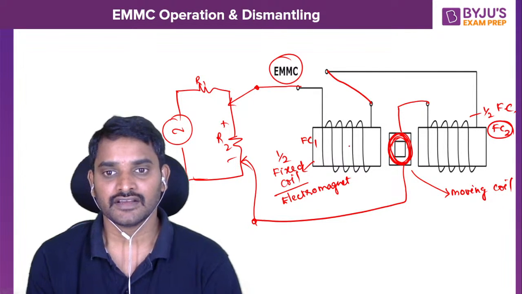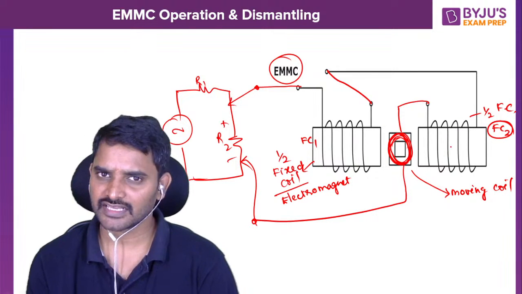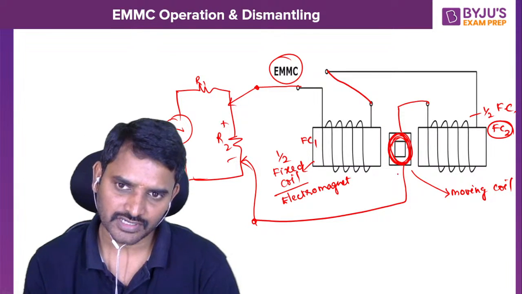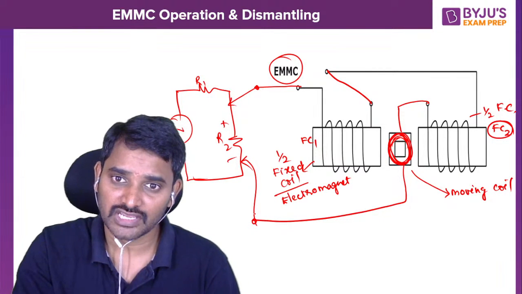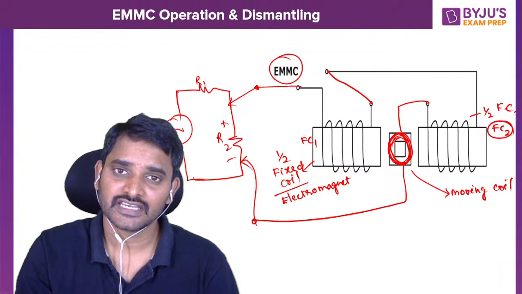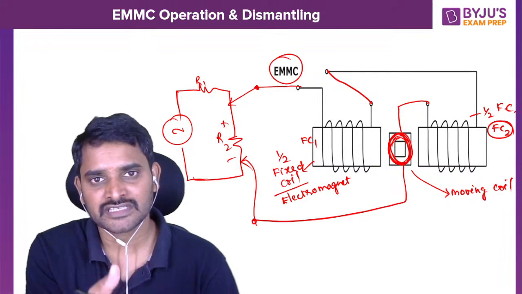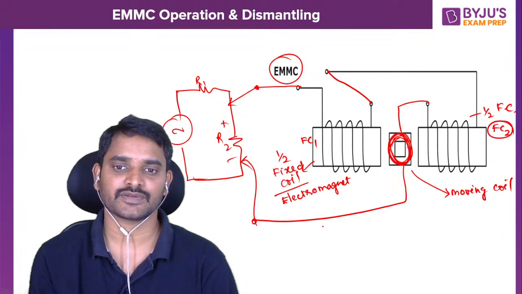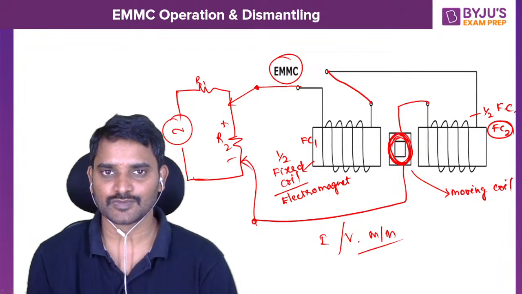Half of this fixed coil and half of the other fixed coil are connected in series, and that is also connected in series with the moving coil. So even though the meter has 2 coils, it is again now only 1 coil, so it can measure current, or otherwise it can measure voltage. So current measurement or voltage measurement is possible at this moment.